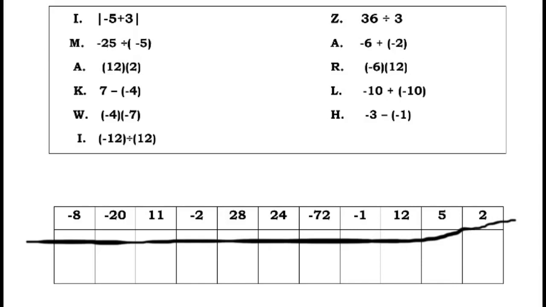So you will just put the letters below with regards to the corresponding answers. For example, we have here I, the absolute value of negative 5 plus 3. So negative 5 plus 3 is negative 2. Then the absolute value of negative 2 is 2. So you're going to have your answer here, 2. So you're going to have here I.